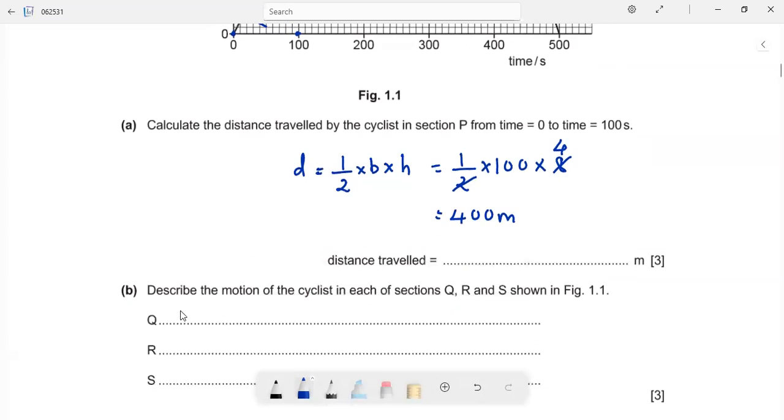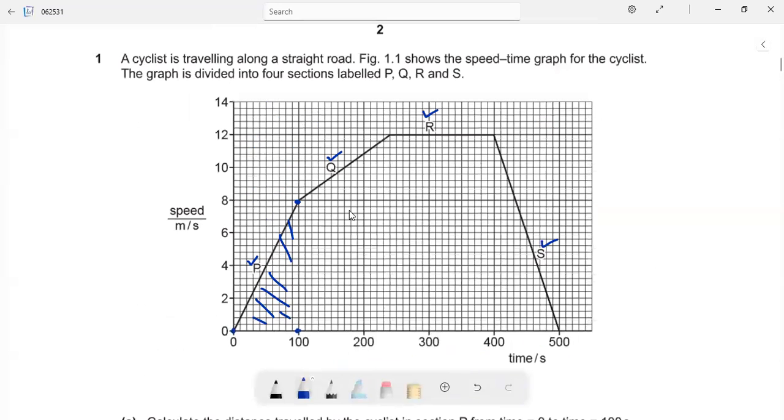We'll move to next. Describe the motion of the cyclist in each of the sections Q, R and S. We can see here Q is accelerating. R is just constant speed; the speed remains constant in R. And in the case of S, it is decreasing, decelerating.